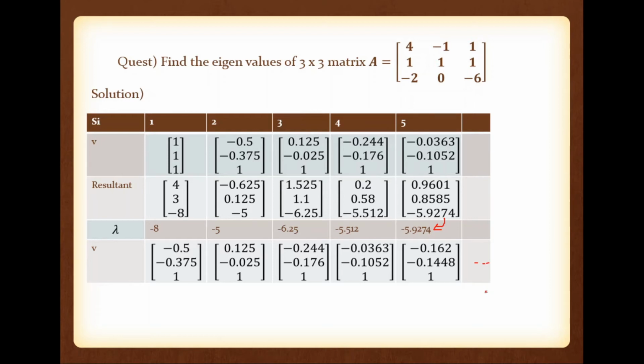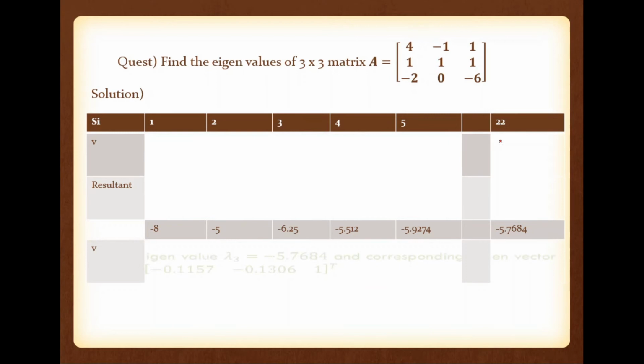Finally, after the 22nd iteration, this value is minus 0.1157, this is minus 0.1306, and this is 1. This is post-multiplied with the A matrix, so we have an output vector.